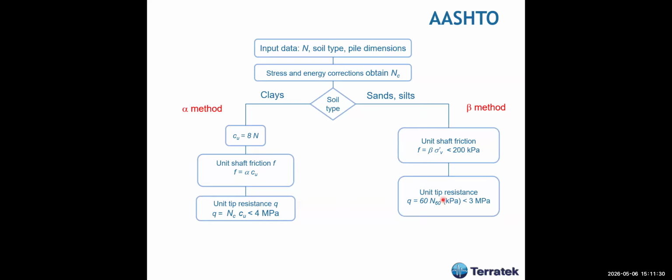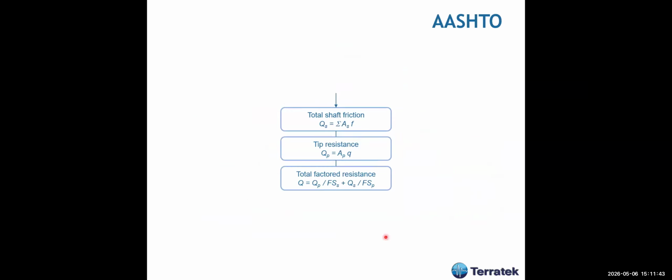That's the limit. We then calculate the unit tip resistance using a formula like that, 60 times N60, and it has to be limited to 3 megapascals. Then we integrate along the depth and calculate the total shaft friction and tip resistance. Then you calculate the total factored resistance, to which different values of factor of safety apply, and you have to take into account all details about how the method applies.